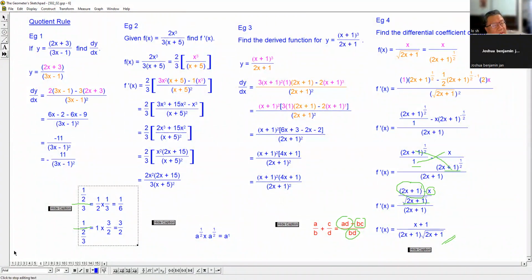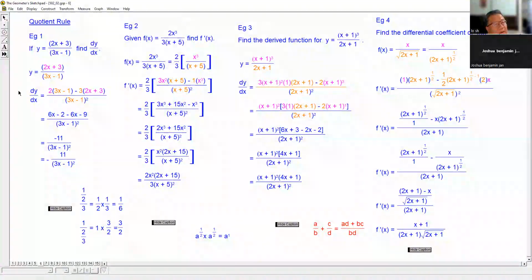So when you look at the bottom here, when you look at this, the longer line will be this. This one, the longer line.